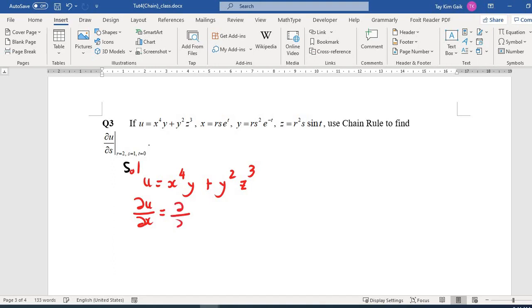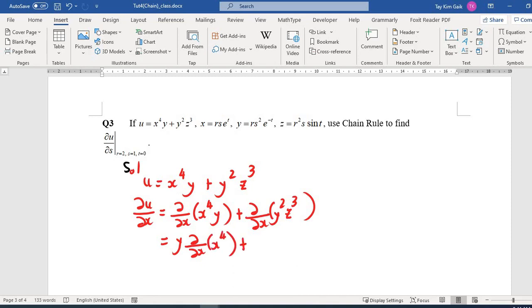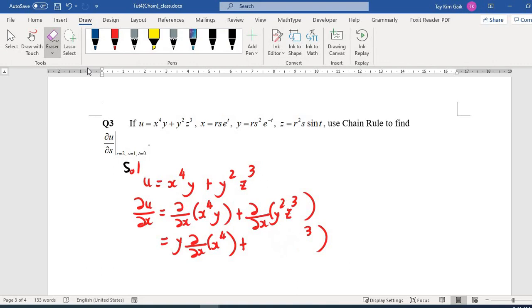So we take ∂/∂x of x^4 y plus ∂/∂x of y^2 z^3. When differentiating with respect to x, y is constant, so you factor out the constant y, then ∂/∂x of x^4 plus, y squared factored out, ∂/∂x of z^3. z is also constant, so y and z are constant, and the derivative of a constant is 0.